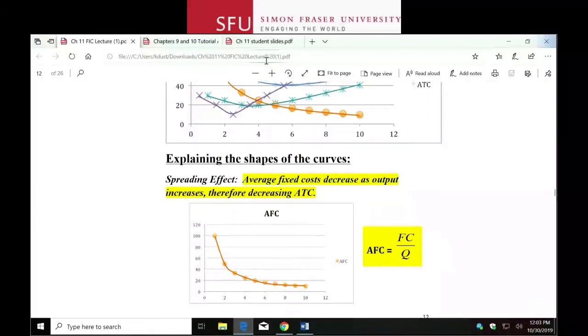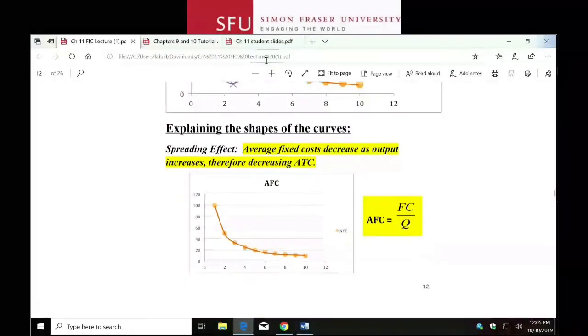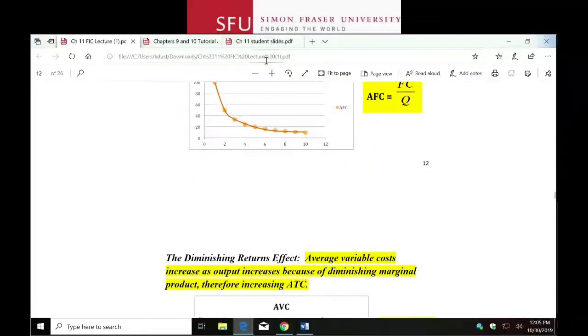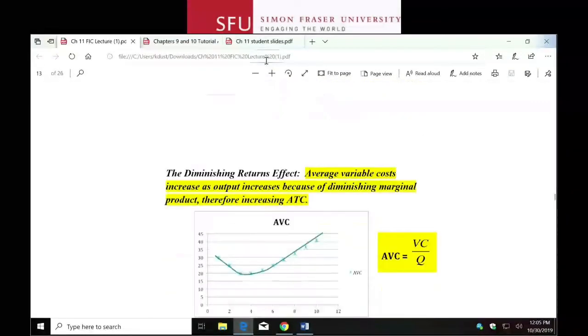Okay, so average fixed costs will decrease as output increases. And so that will help to bring down your average total costs. But then you have to use more and more variable inputs like labor, and they will become less productive. And so that brings up your average variable costs. So that's called the diminishing returns effect.